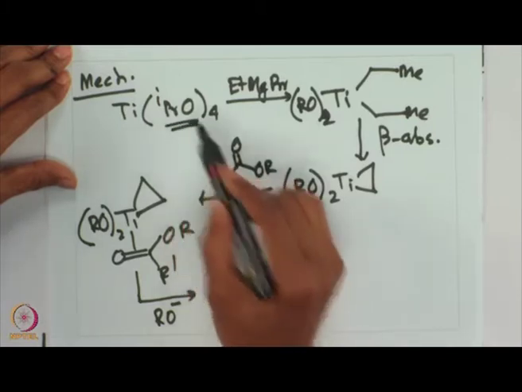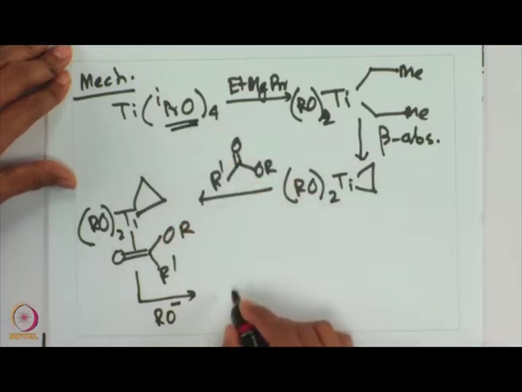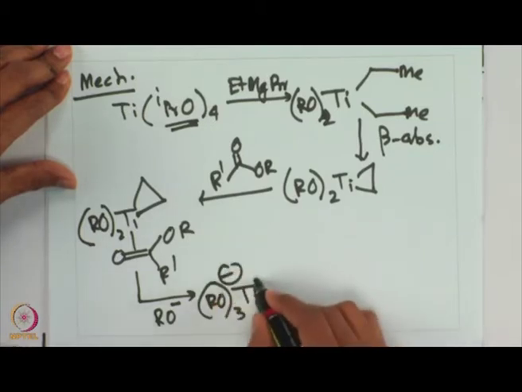This alkoxide can attack the titanium to make it RO3 minus, and a 5-membered ring.